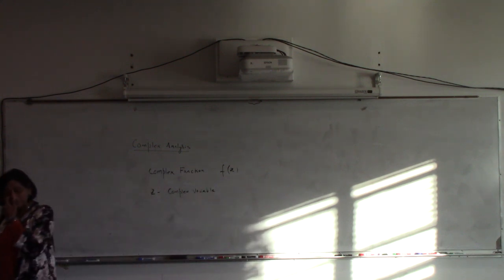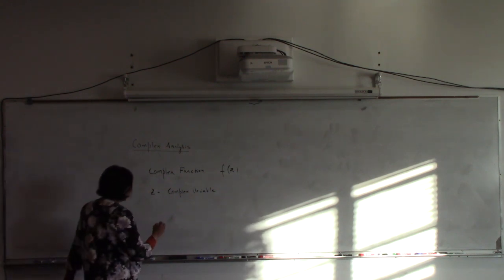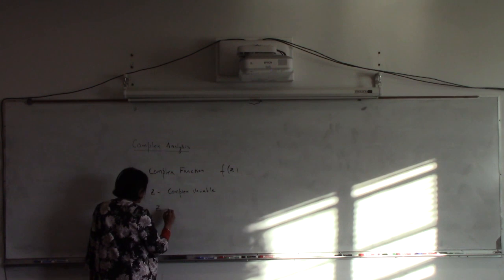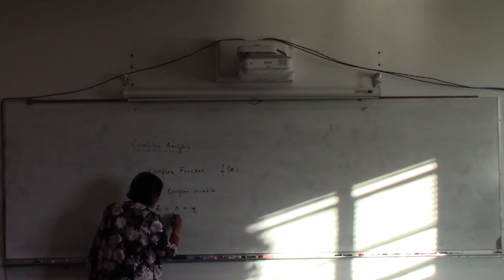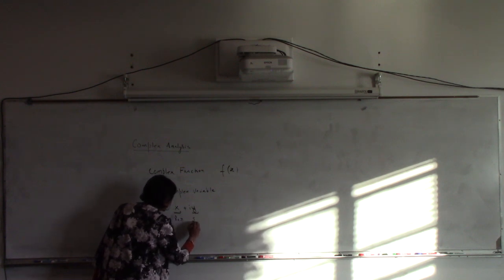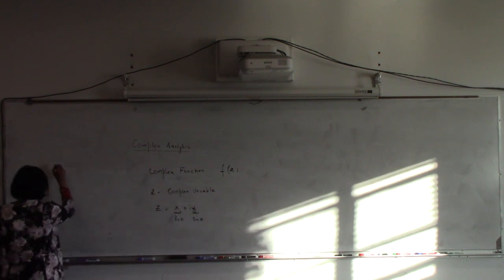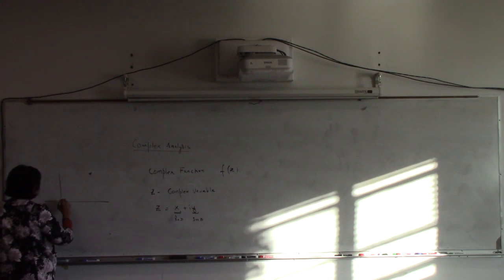So a complex variable, or complex numbers, you know how to represent, right? We can simply write it as x plus iy, where x is the real part of z, and y is nothing but the imaginary part of z. Okay? And this is normally represented in the Argand diagram, right?